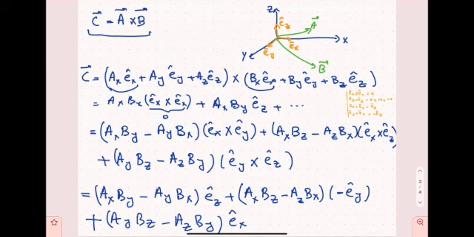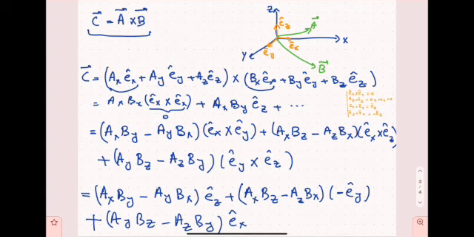So, what did we do? We calculated vector C, which is A cross B. We opened up A and B vectors in terms of their components and calculated the whole multiplication component by component.